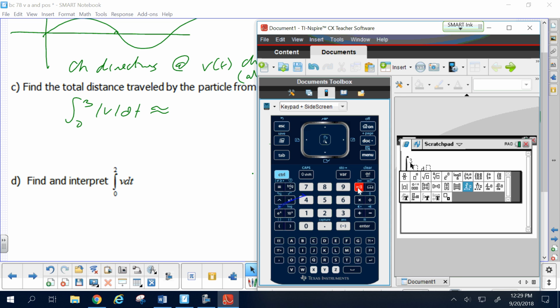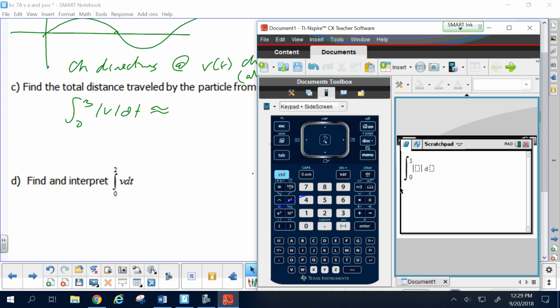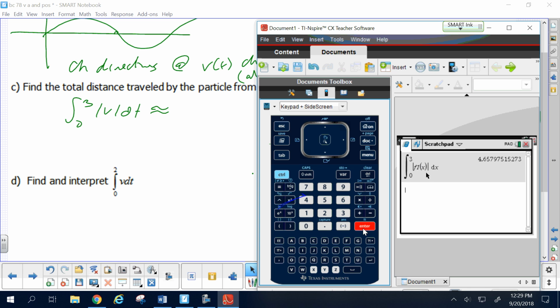Where do you find absolute value on the calculator? Right there. Did you get 4.657? Okay, 4.657, whatever the units are, they're linear distance units.